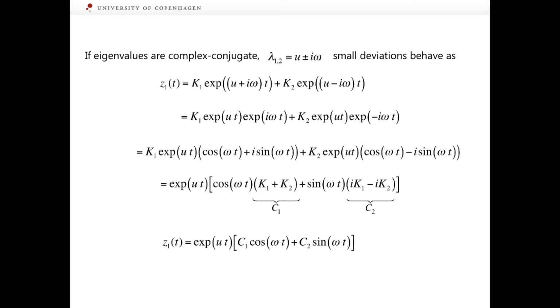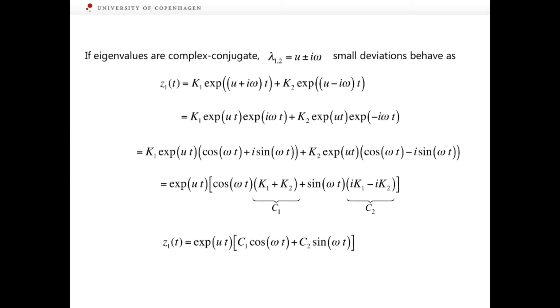You can see that this expression has the form of two periodically oscillating terms, cosine of wt and sine of wt, and these terms are fluctuating with the same frequency, angular frequency w. The fluctuating terms are both multiplied by the exponential function, and if u, the real part of the eigenvalue, is positive, then this exponent grows in time indefinitely, so the deviation z1 grows in time while fluctuating.